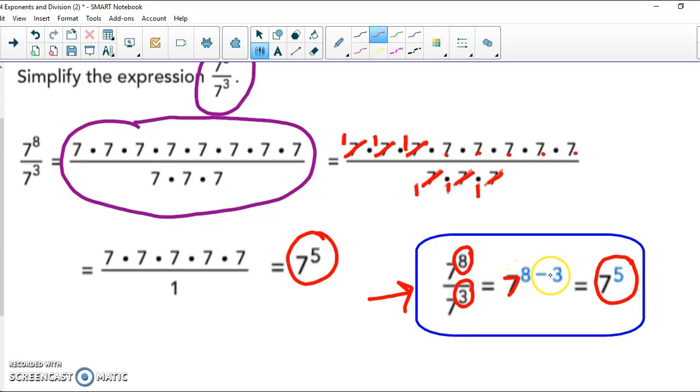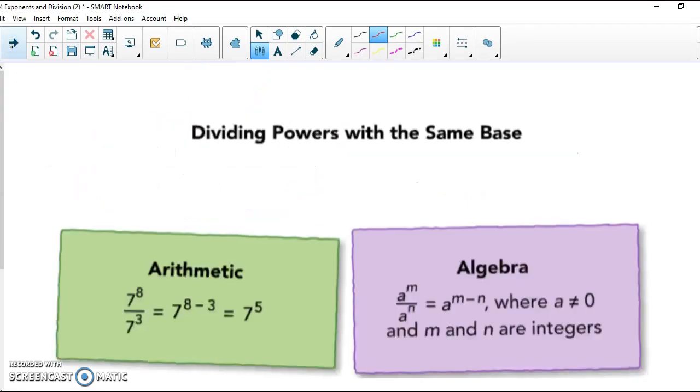Notice the order that I subtract these in is from top to bottom, and it's always that way no matter which power is larger. So when we are dividing powers with the same base, in arithmetic or with numbers, it looks like the example we just discussed. In algebra, or when we're using variables, it looks the same.